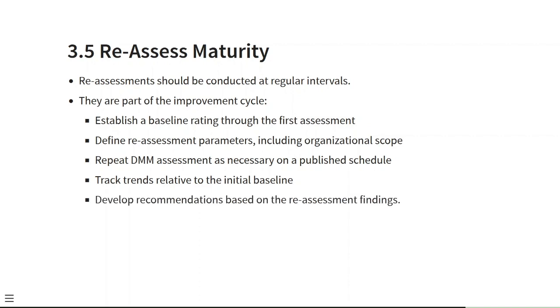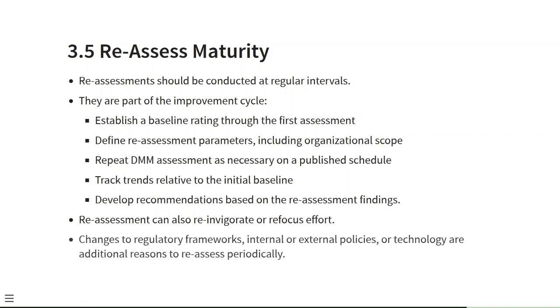Develop recommendations based on the reassessment findings. Reassessment can also reinvigorate or refocus effort, and changes to regulatory frameworks, internal or external policies, or technology are additional reasons to reassess periodically.